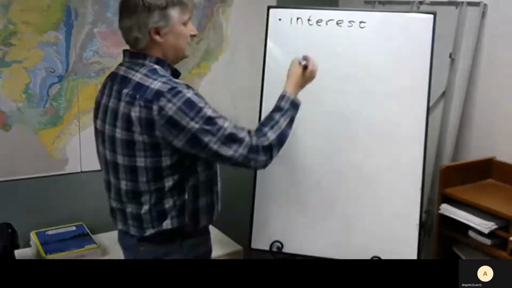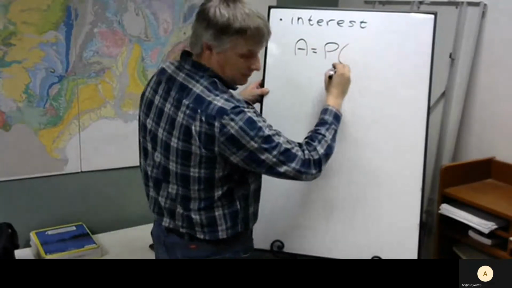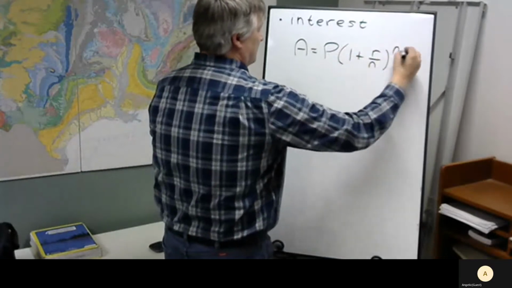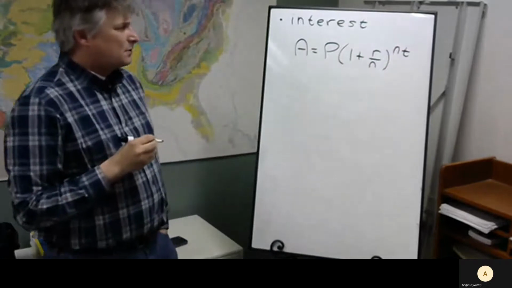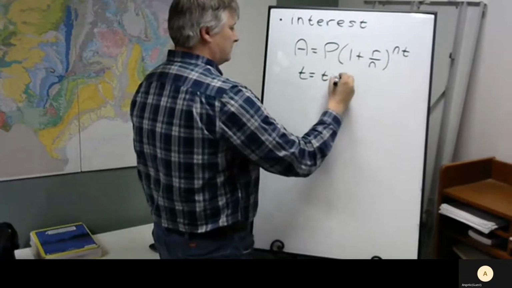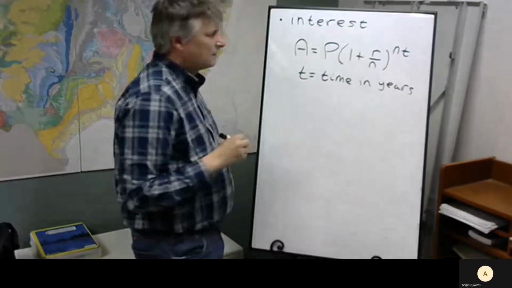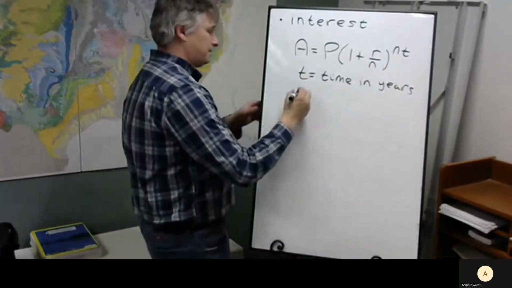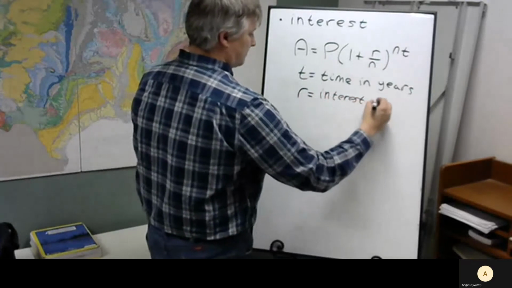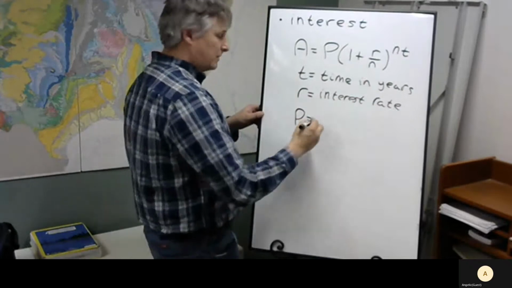All right, so we have a formula like this. What we're going to do is, t would be time in years. r is going to be your interest rate. p is what we call principal.